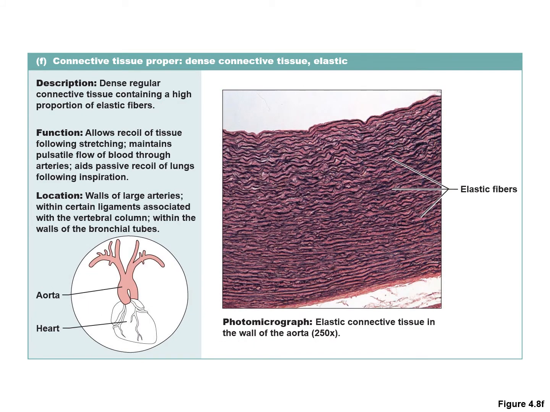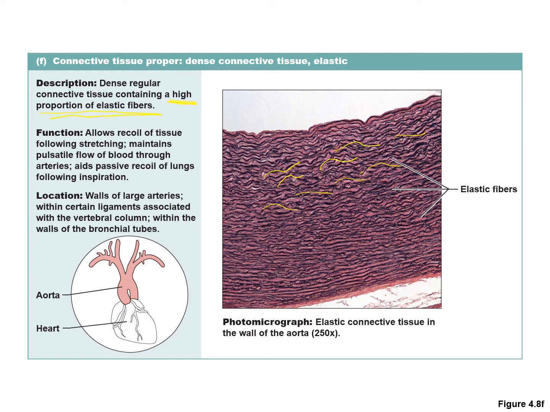So this is elastic tissue, and in elastic tissue, you can see these dark fibers, right? Those are elastic fibers. This is connective tissue that has a high proportion of elastic fibers, and because it has so many elastic fibers, it allows recoil of tissue.